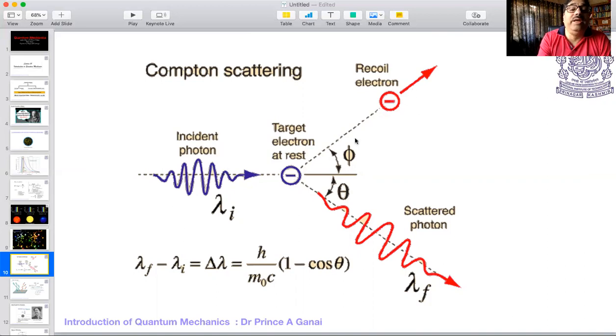The electron scatters in one direction, and the photon scatters with a lower energy and a greater wavelength in the other direction. In fact, one can calculate the wavelength shift for the photon using the laws of conservation of momentum and energy, meaning the theory of elastic collisions. One can figure out that the shift in the wavelength is h by m naught c times (1 minus cos theta), by just applying the law of conservation of momentum and energy. Now you can see that delta lambda has the dimensions of length.